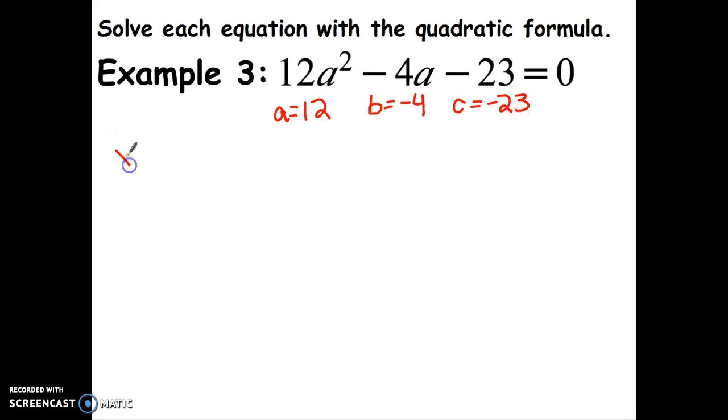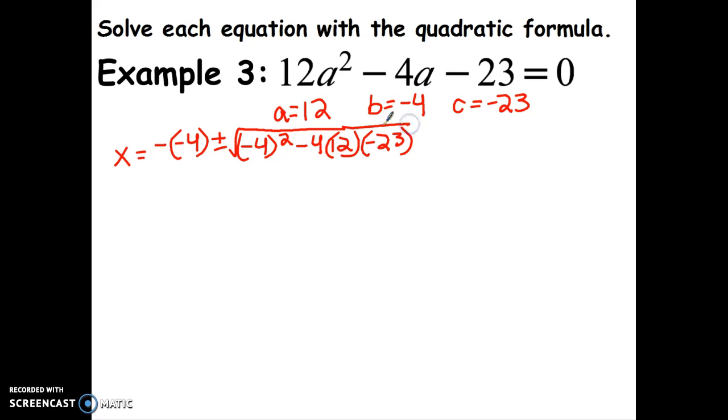All right, so let's go ahead and plug our values in. So we have -4 plus or minus the square root of b squared minus 4ac, divided by 2a.